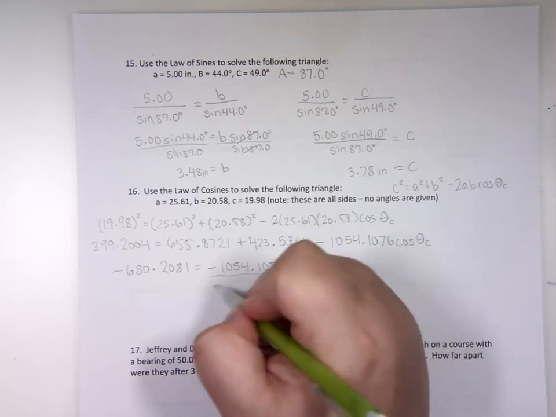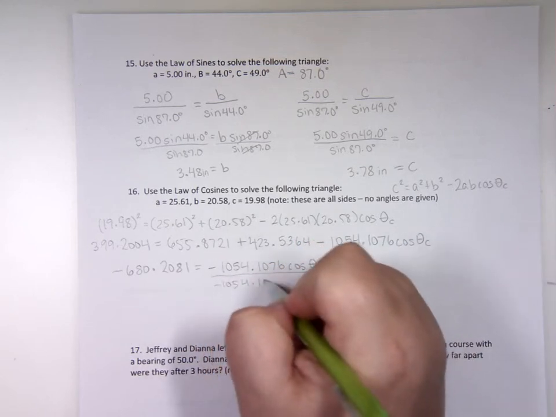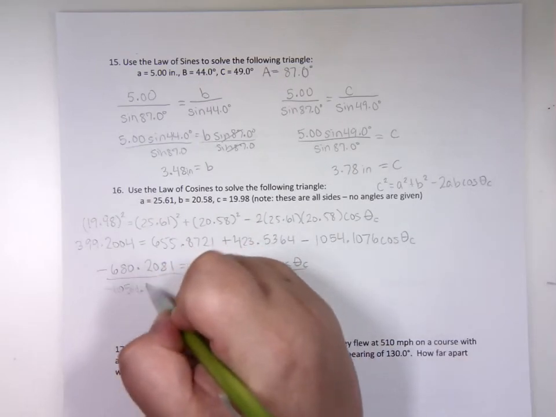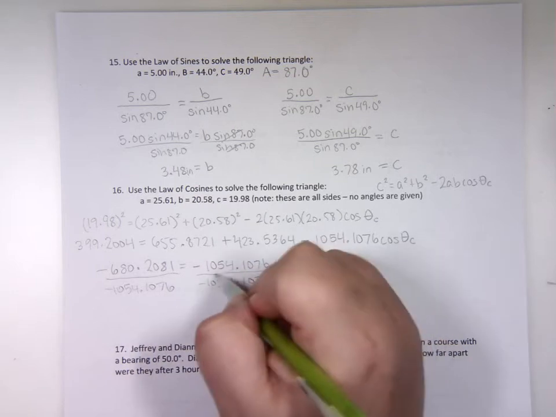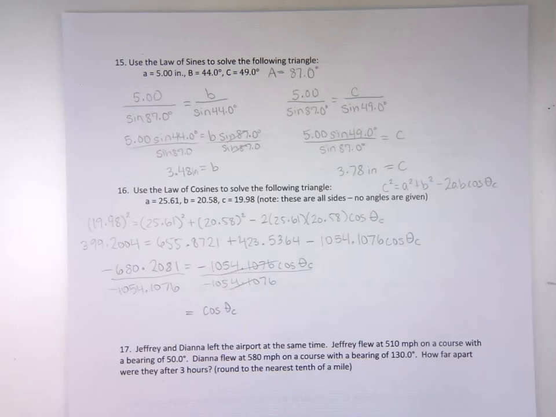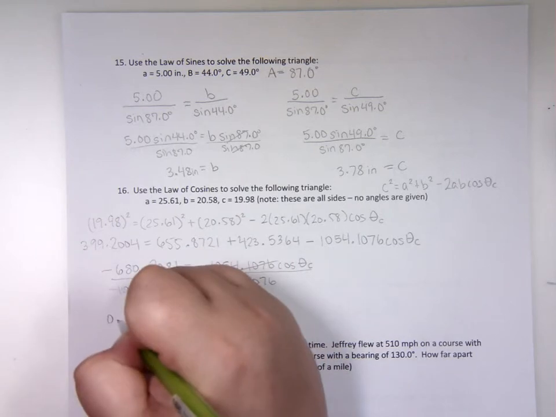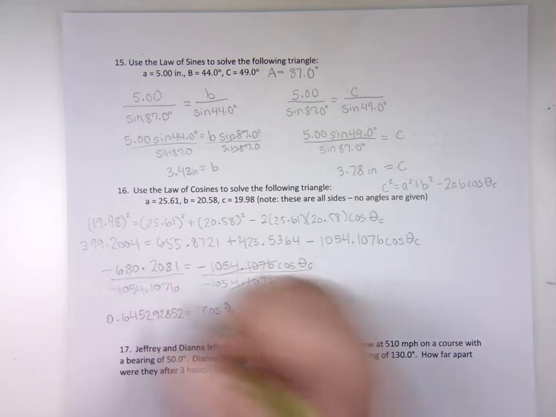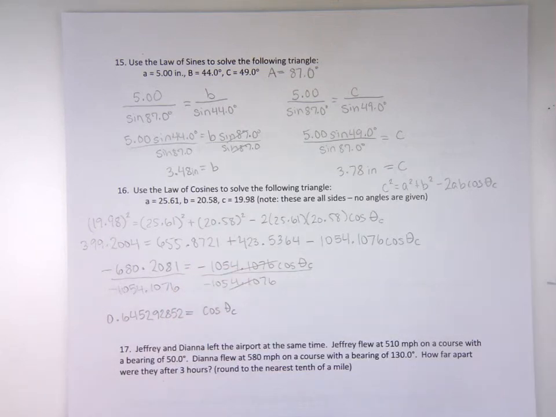Divide both sides by negative 1054.1076. So we've got cosine theta c is equal to 0.645292852. You don't have to write all those numbers in necessarily, but keep them in your calculator.